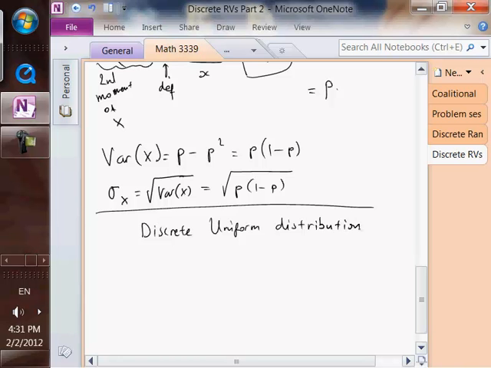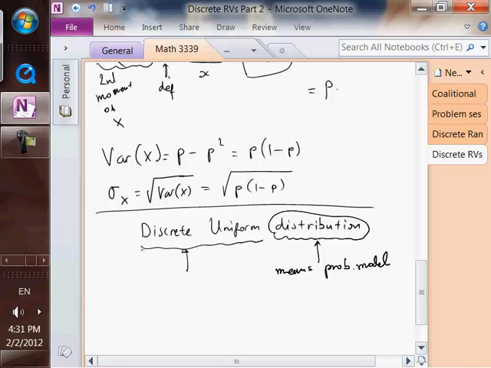Okay, now from now on you will hear me using the terminology discrete, uniform, binomial, and I will be using the term distribution. So that means not a distribution function, but it means a specific probability model. And the model is being specified by the modifier, discrete uniform here.